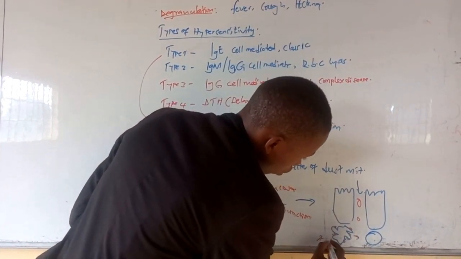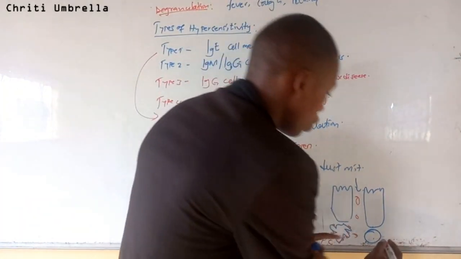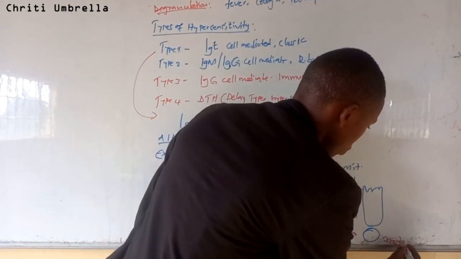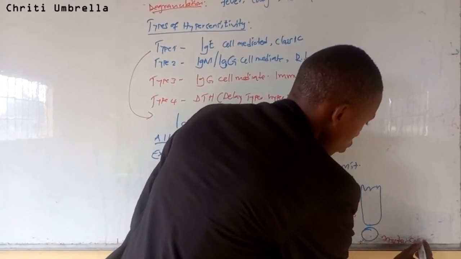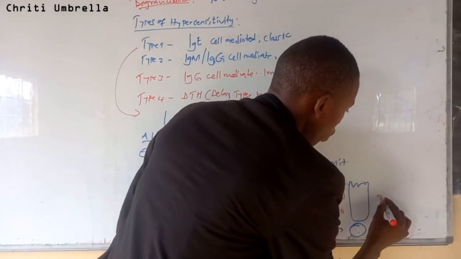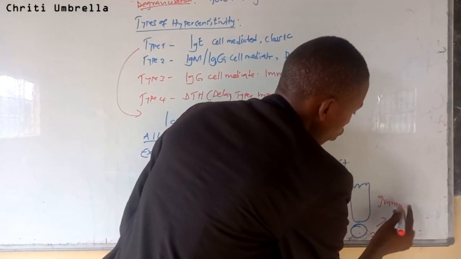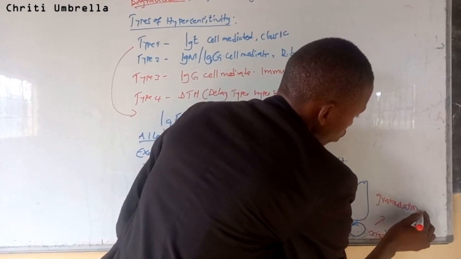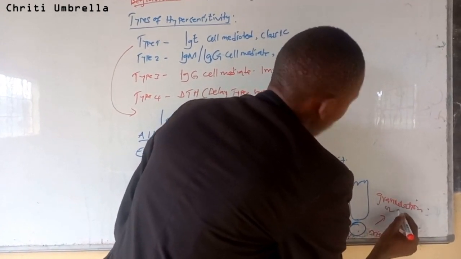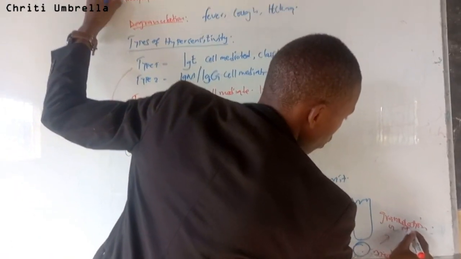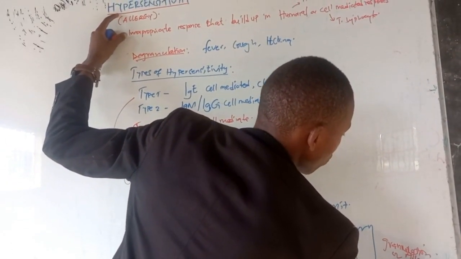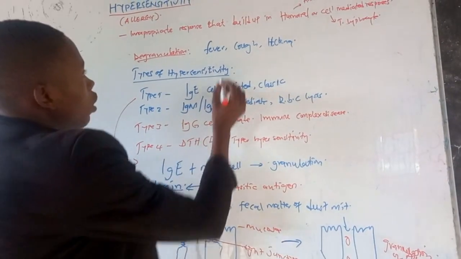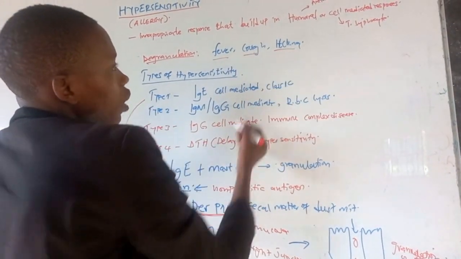They will form what is called an antigen presenting cell to be presented to the mast cell, resulting in what we are calling degranulation. With this allergen, you find someone experiencing things like fever, cough, itching, and many others.